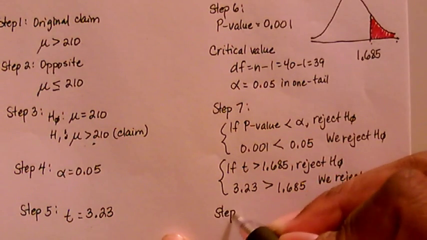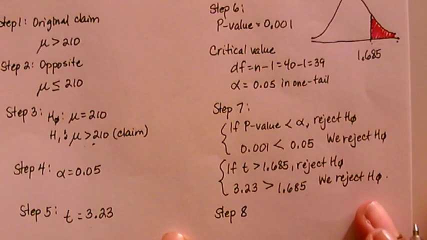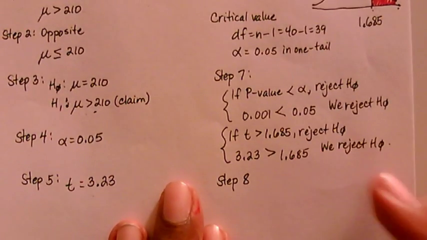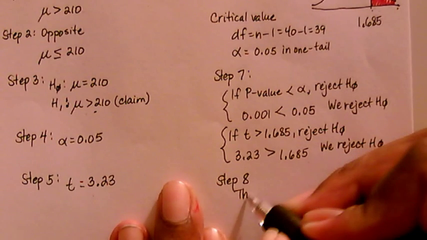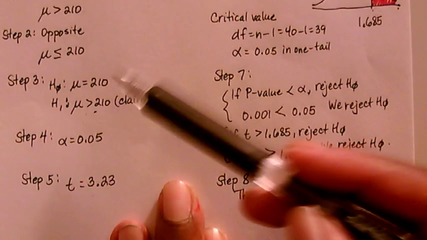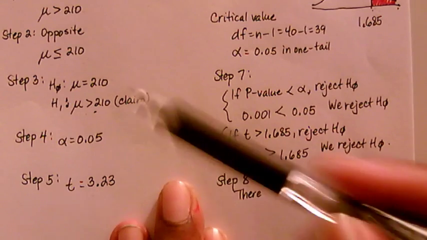Now step number 8 is the conclusion. Okay, so the conclusion is this. Now, we're rejecting the null, that means that we're supporting the claim.